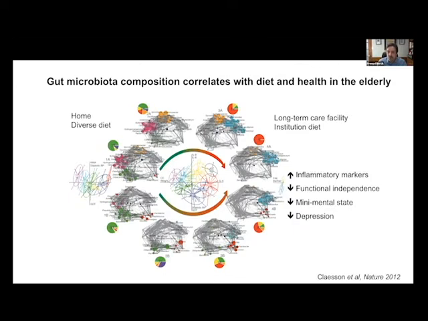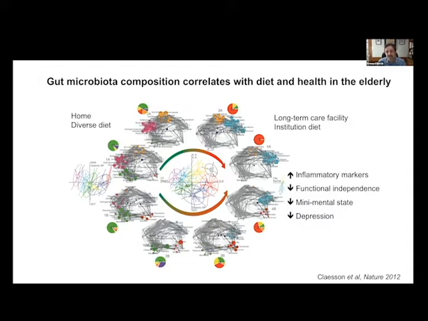The role of diet on the microbiome has also been examined in other studies. And again, I would like to show the very first one, from a group in Cork, which demonstrated in a relatively large cohort of elderly subjects that gut microbiota composition correlates very well with the diet, but also with some health or disease parameters.